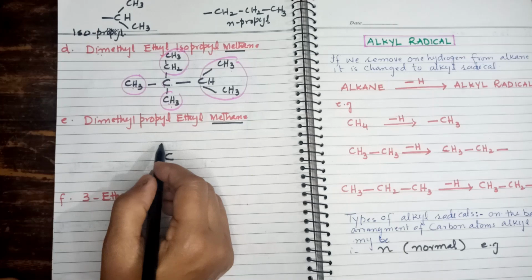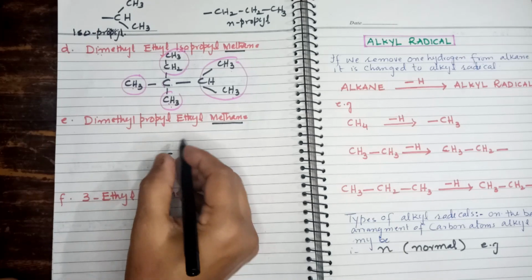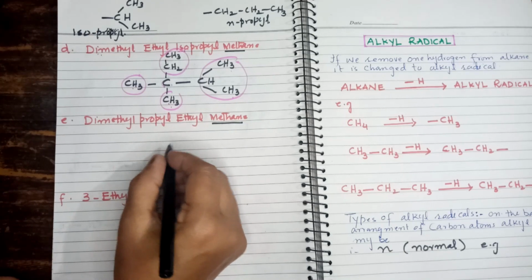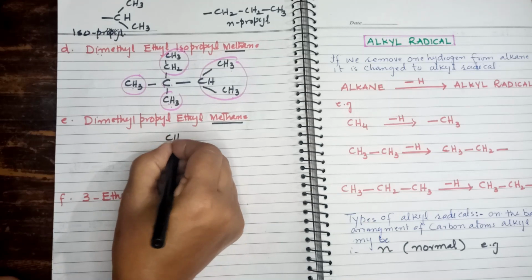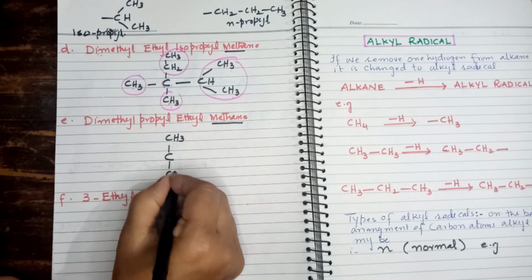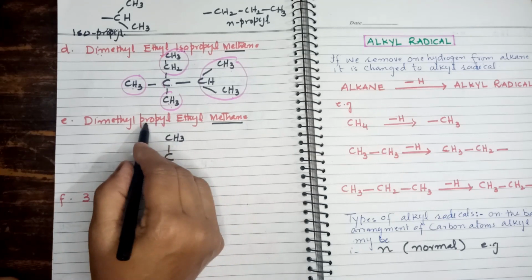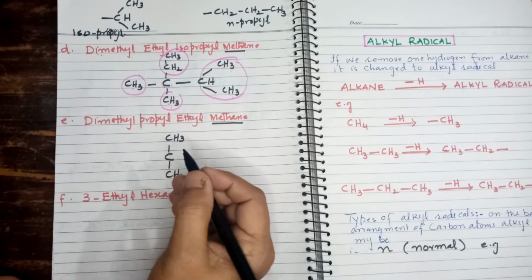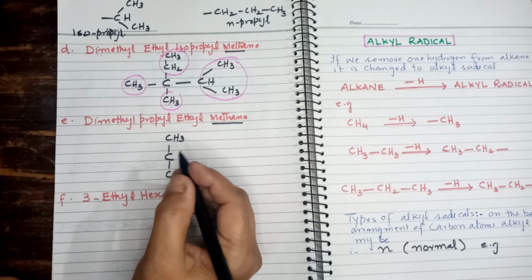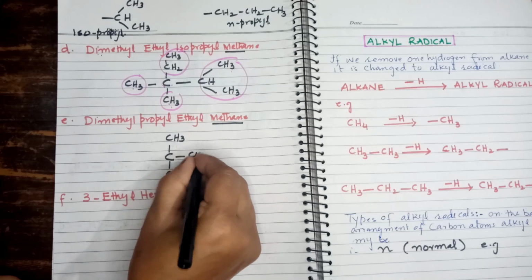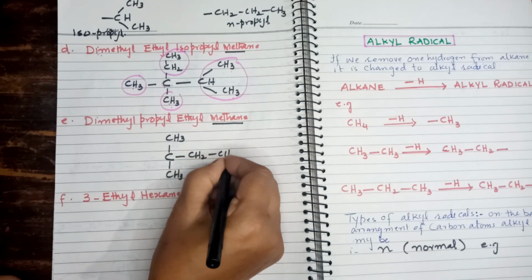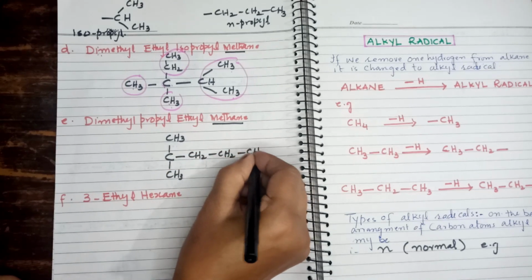Now dimethyl means we made 1 methyl here and 1 methyl here, right? Then on one side we will write propyl radical. Propyl radical is made up of 3 carbon atoms. So CH2, CH2, CH3. We made propyl.